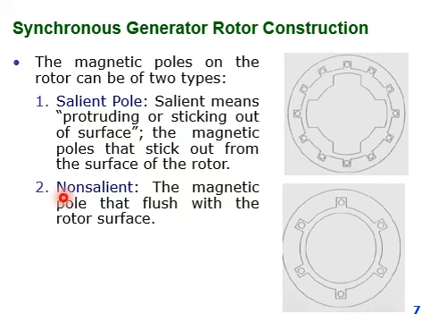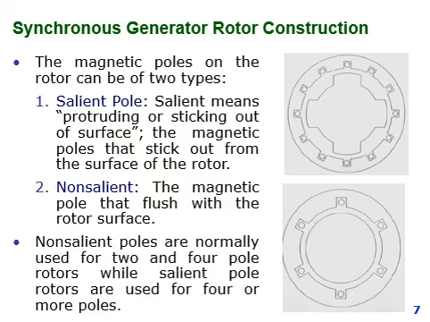In the second case, non-salient poles, the magnetic poles are flush with the rotor surface. As you can see in the diagram, they are mixed with the surface. These non-salient poles are normally used for 2 or 4 pole rotors, while salient poles are used for 4 or more poles.